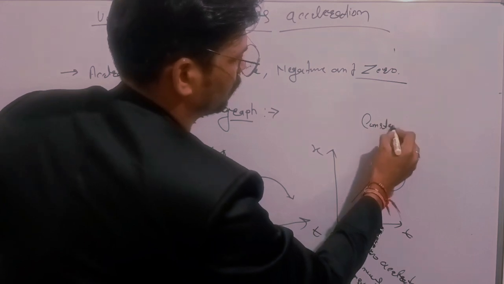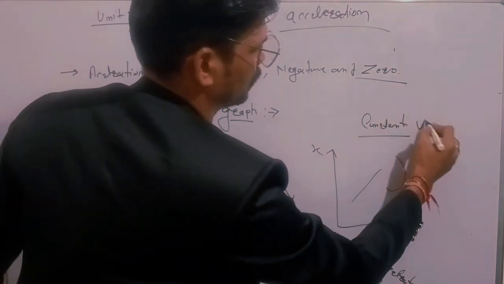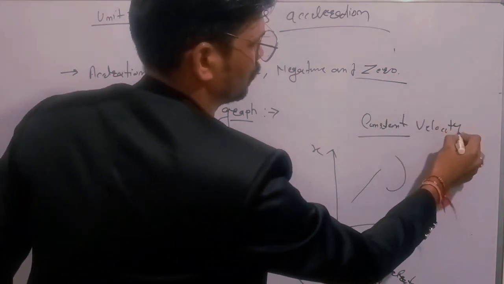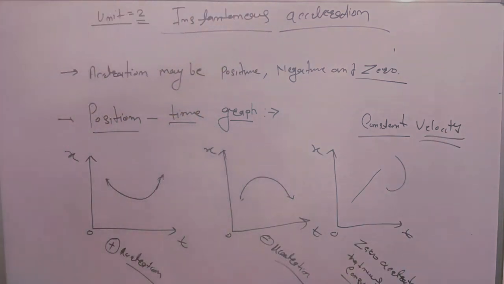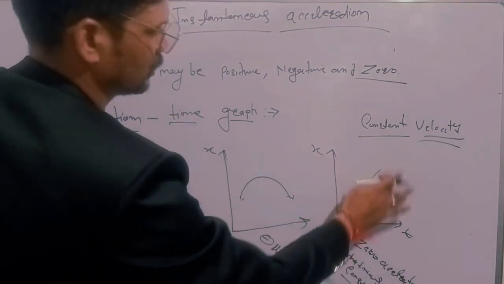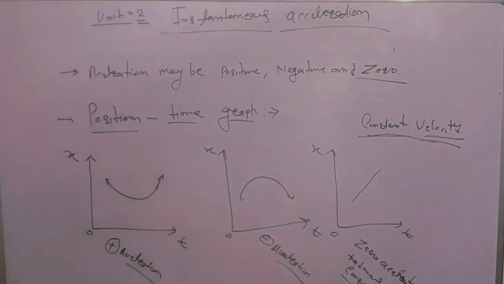So this line denotes constant velocity. Noted down.